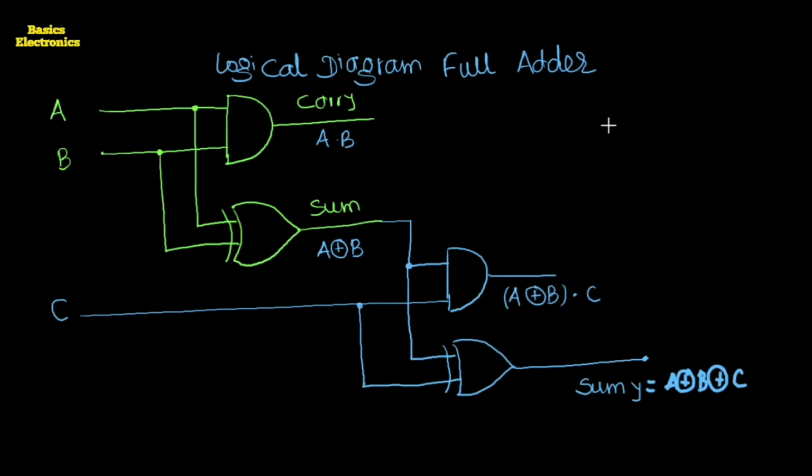Okay, now we have two carries. We require only one carry, so for that here we are using the OR gate, and this OR gate has two inputs.